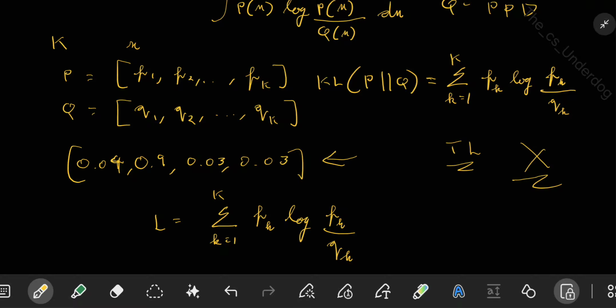In KL divergence, all the classes, irrespective of whether it is the true class or the other classes, get involved in the loss, which means this penalizes the model for deviating from the entire target distribution and not just the correct class, right? So this is where KL divergence is different.